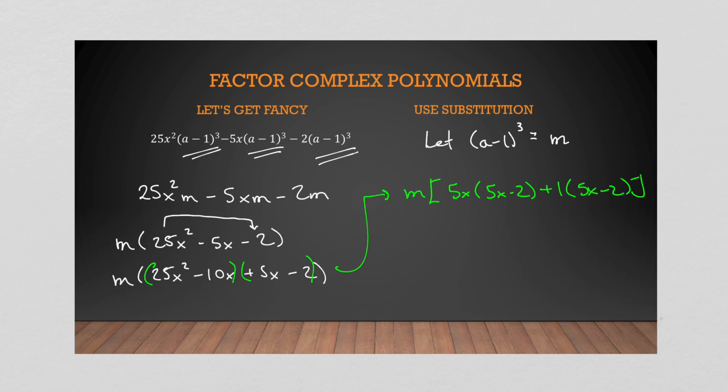Now at this point, I'll sub back in for the m, for what it was, and then I can finish my question with my 5x plus 1 times 5x minus 2. So for our pay grade, we're done. You will learn later on that that is a difference of cubes, and there is a method to factoring that as well. But we're not going to get into that here.